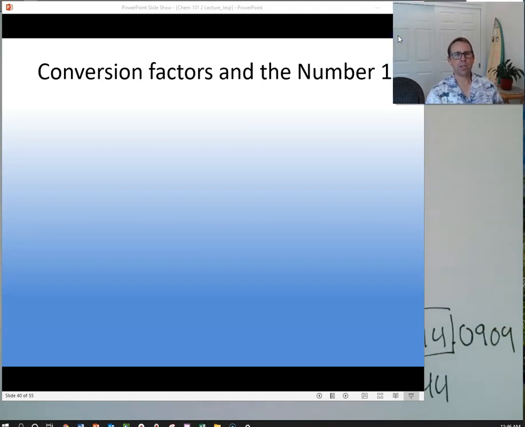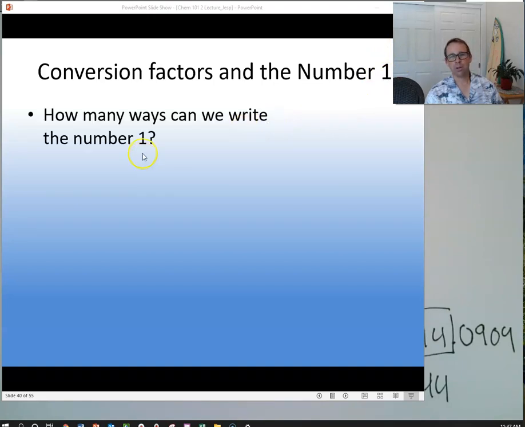Now, I'm going to introduce to you next a very important tool that we use in chemistry. And the tool is the number 1. It's a very important tool. We can express this number in lots of different ways.